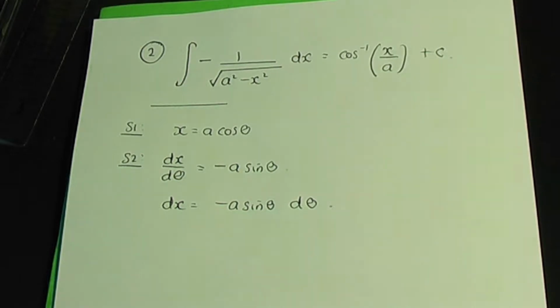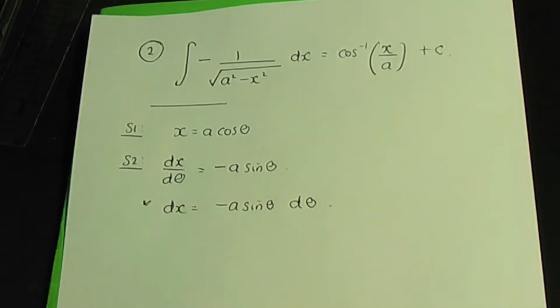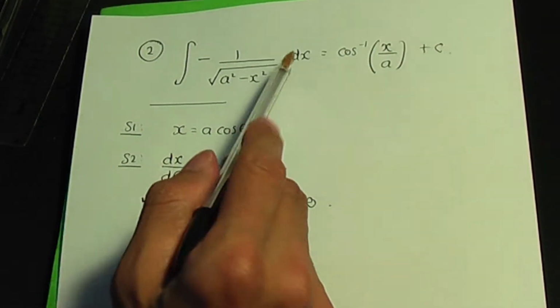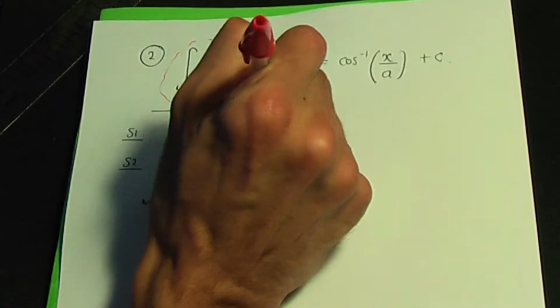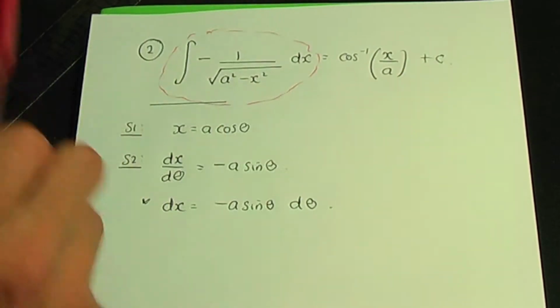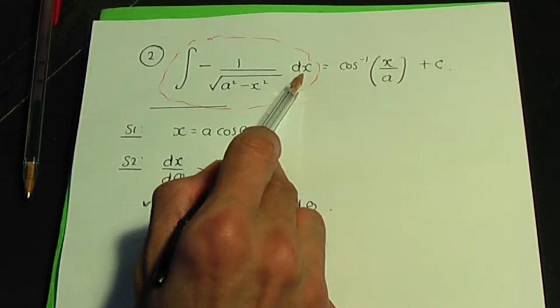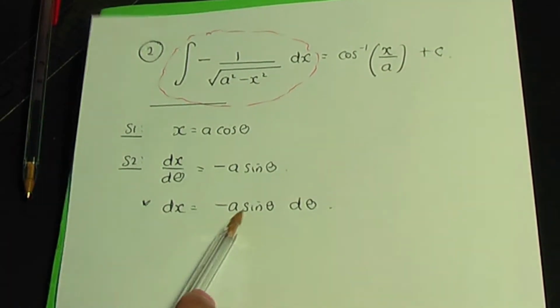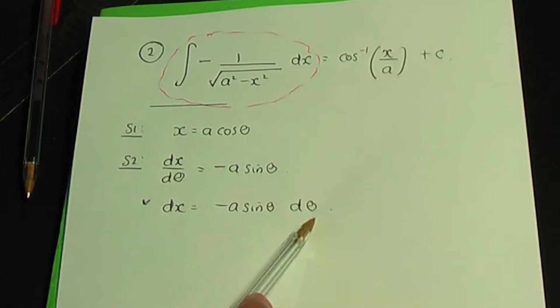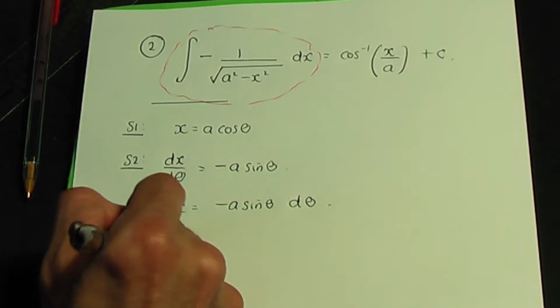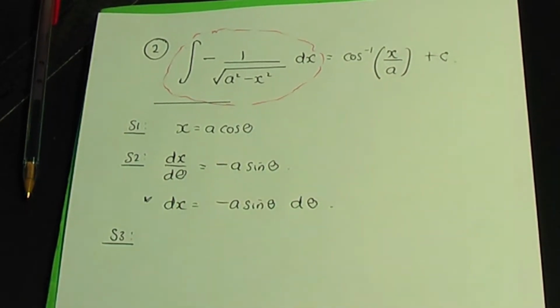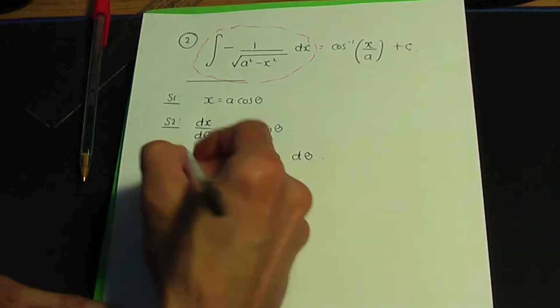So in this case, let's have a stop and think. If we focus on the integral on the left hand side, we can replace the dx here by minus a sine theta d theta, and the x by a cos theta. So let's take that and use that for step 3.